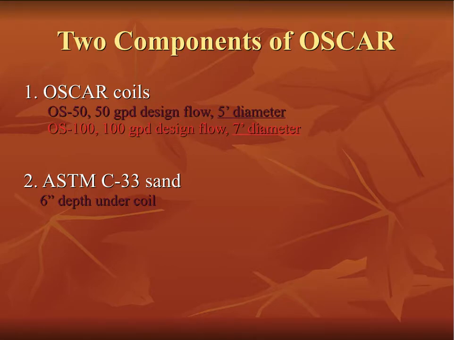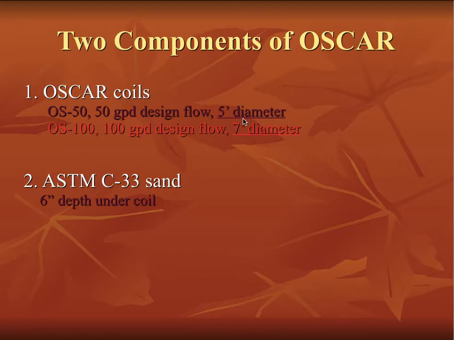There are two components of an Oscar system. Not surprisingly, the first one we'll mention is the Oscar coils, or those coils of that drip tubing. We have two sizes of these coils, and we have a couple of names for them that go synonymously, and depending on what we're talking about, it's convenient and beneficial to know both. Our first size is an OS50, or a 5-foot coil.